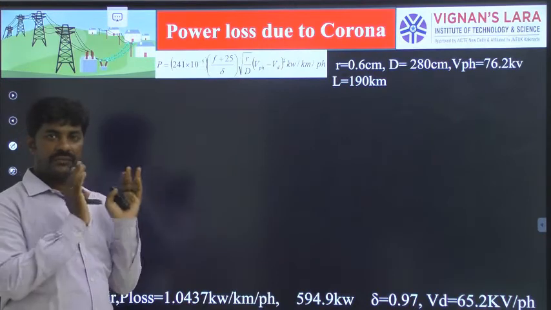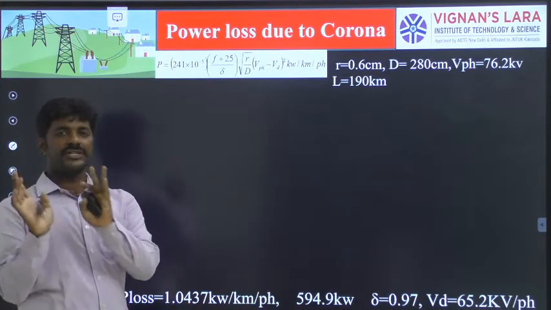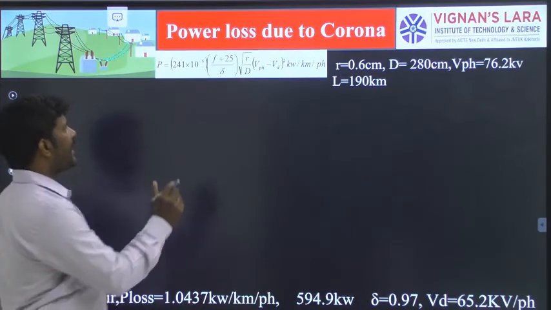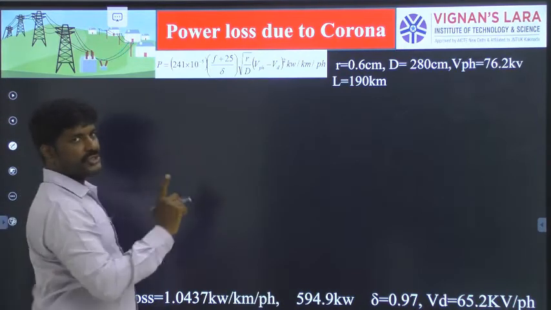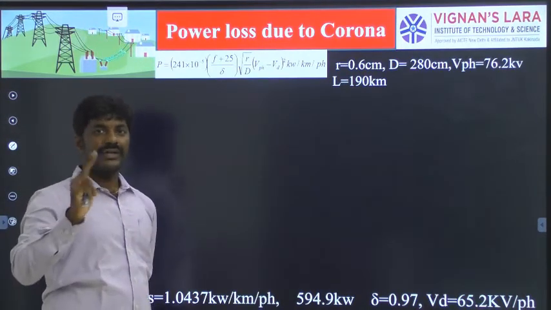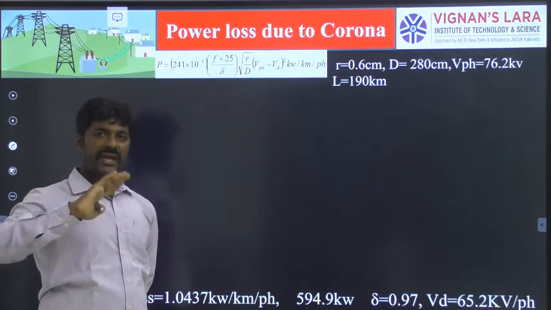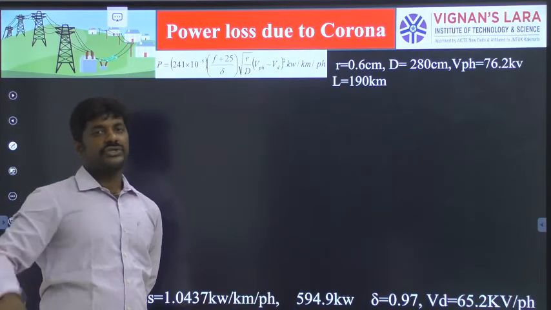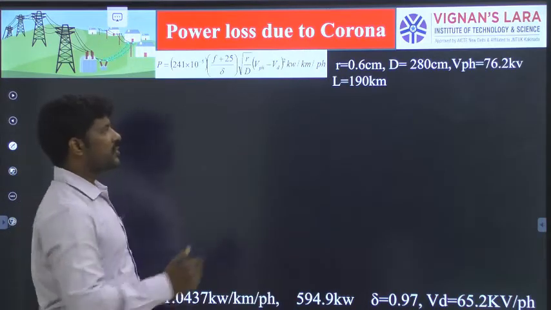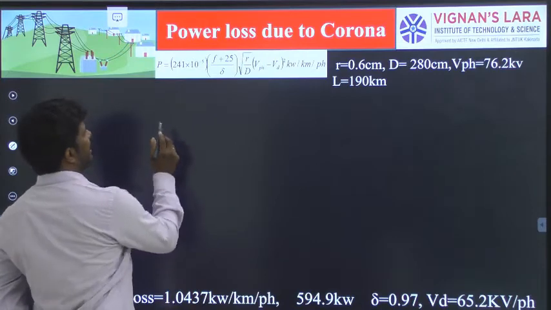So we use that VD value in the estimation of the power loss. Now they are asking us to find out the power loss due to corona under two weather conditions: fair weather condition and stormy weather condition. So first let me calculate for fair weather condition.